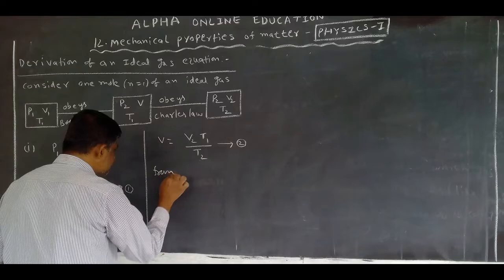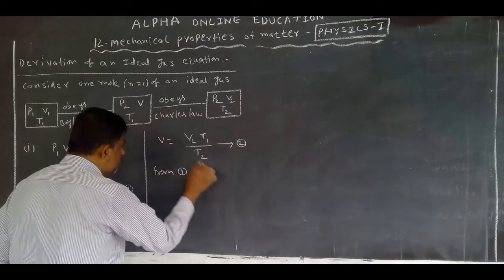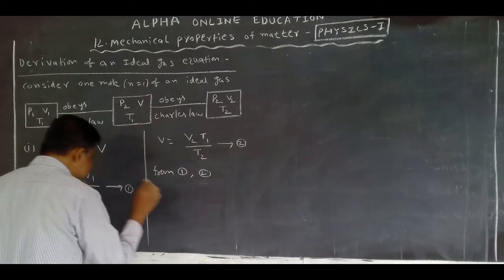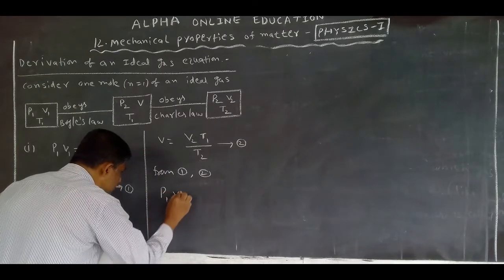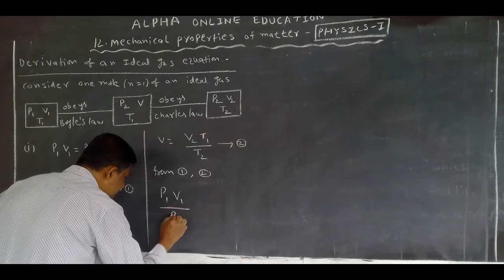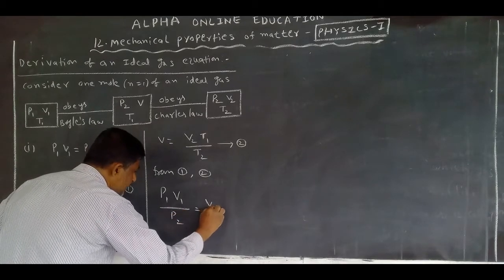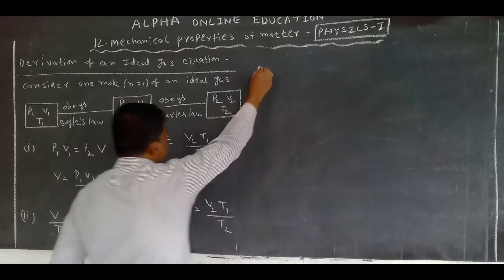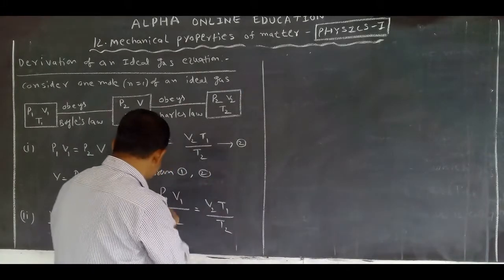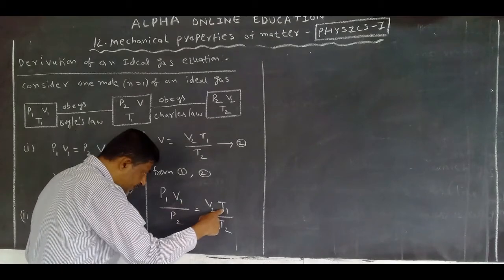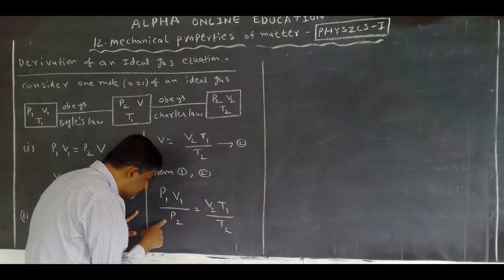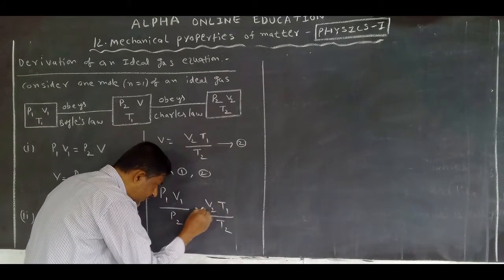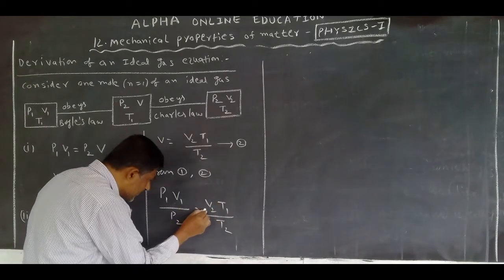From 1 and 2, at the place of V, you write this way. P1 V1 by P2 is equal to V2 T1 by T2. Here T1 is in the denominator, and P2 is in the numerator. Means we take cross multiplication.